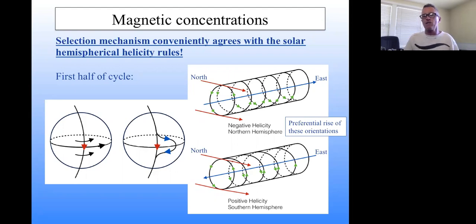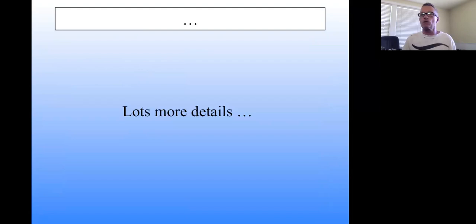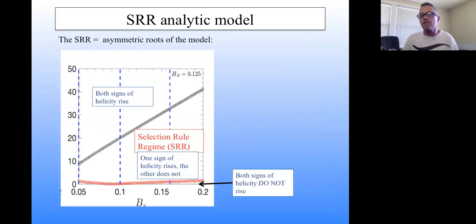So this is a mechanism which could be considered to contribute to the reason for the solar hemispheric helicity rules. And there are lots more details to this, and we have a nice analytic model which predicts when this works.